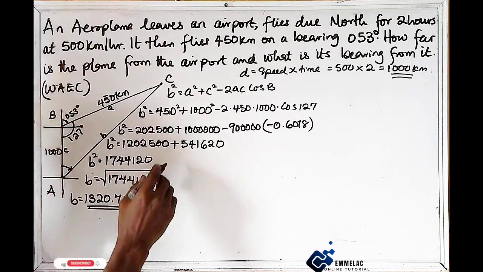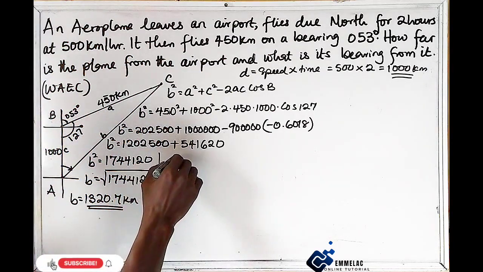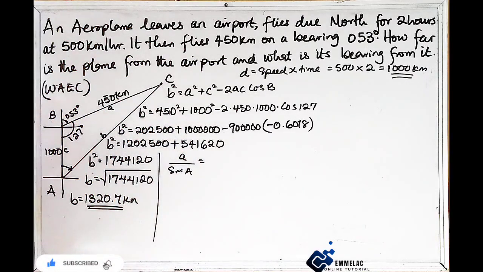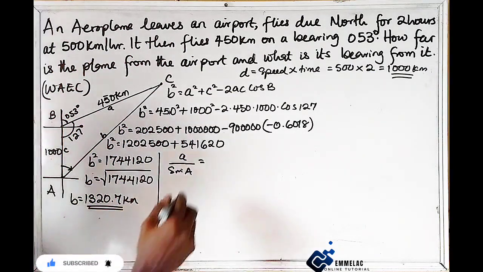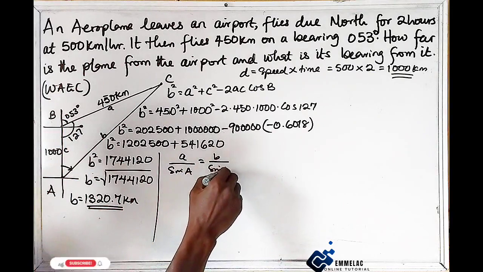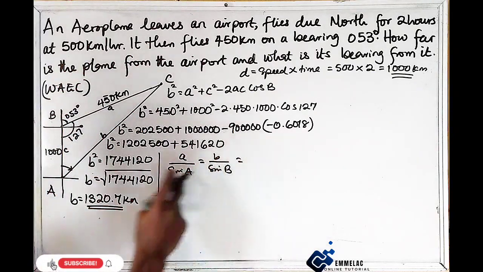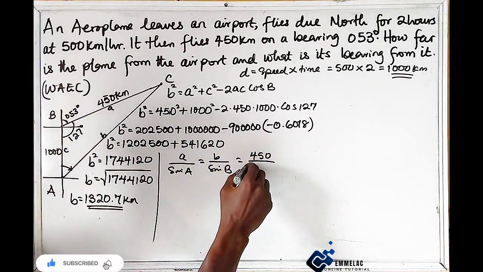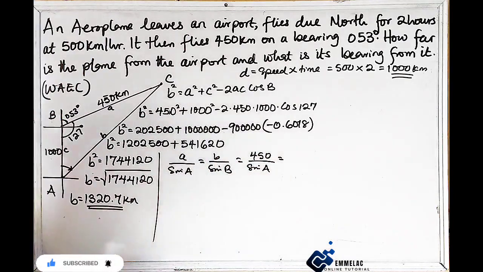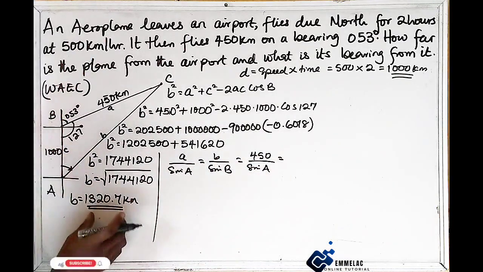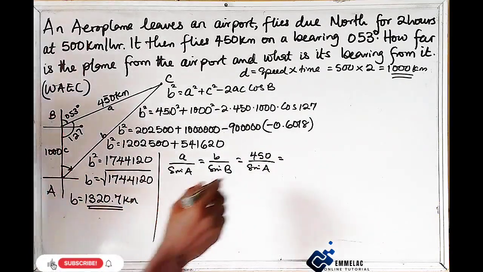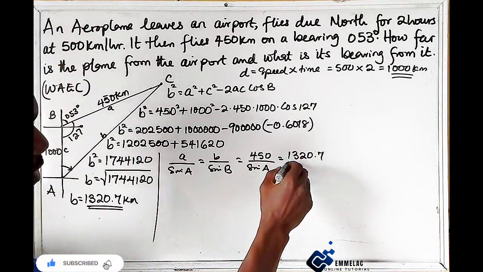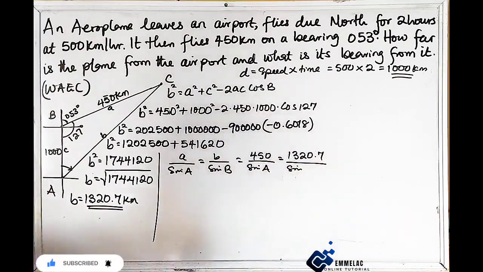By sine rule, a over sine A equals b over sine B. Plugging in the parameters, we have 450 over sine A, which we're looking for, and b is what we've gotten here, approximately 1320.7, over sine B, which is 127.